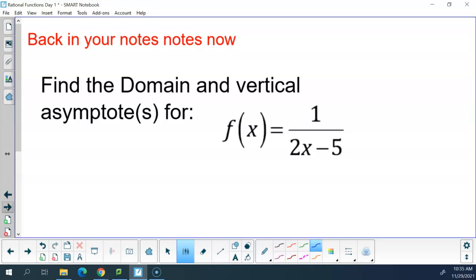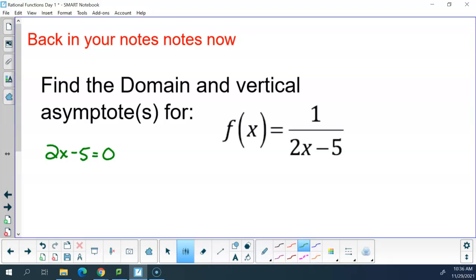So f of x is equal to 1 over 2x minus 5. We need to find the domain and the vertical asymptotes for this. What do I do? What's my denominator? 2x minus 5. I set that equal to 0.